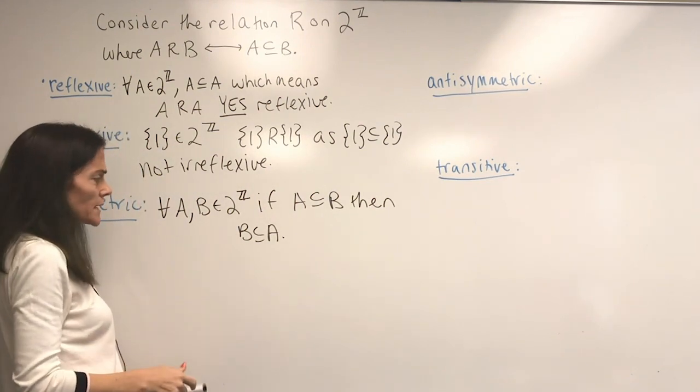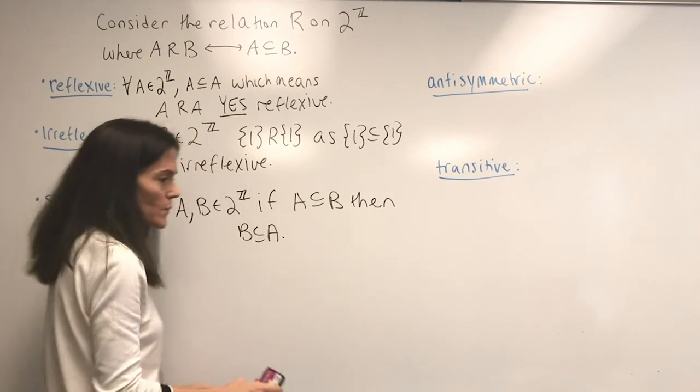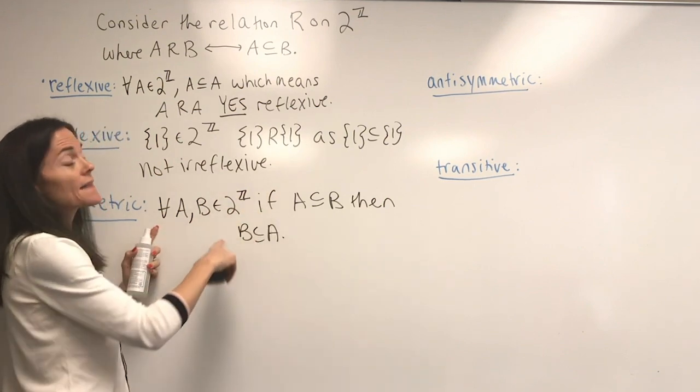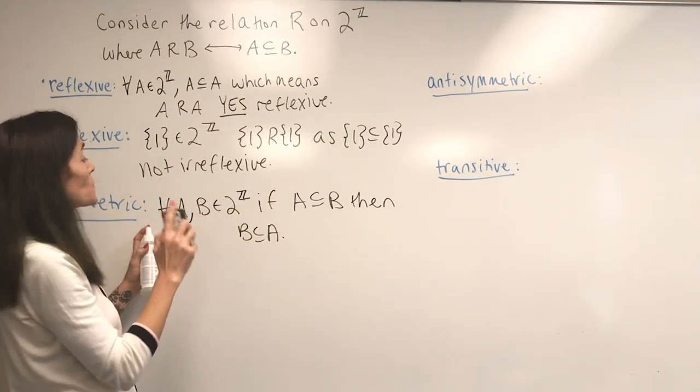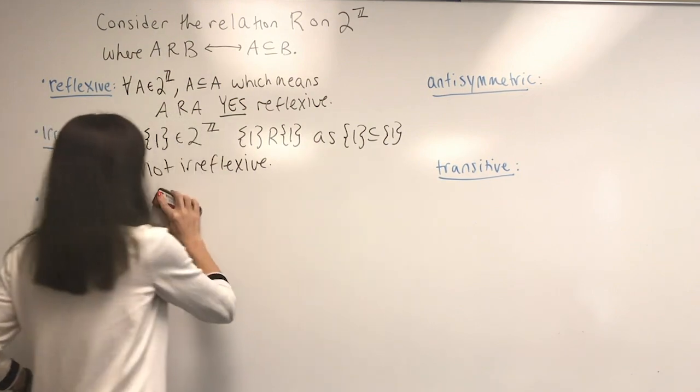Well, this is definitely not true, and here's a counterexample. So maybe I will erase this. This is the statement. If we had this true, then our relation would be symmetric. Okay, but a counterexample is coming.